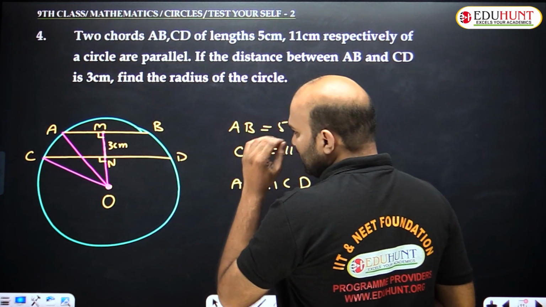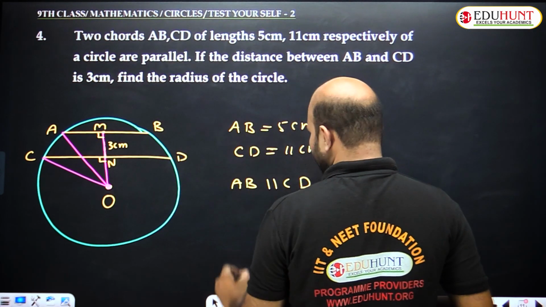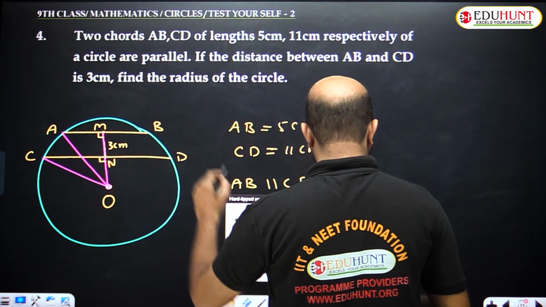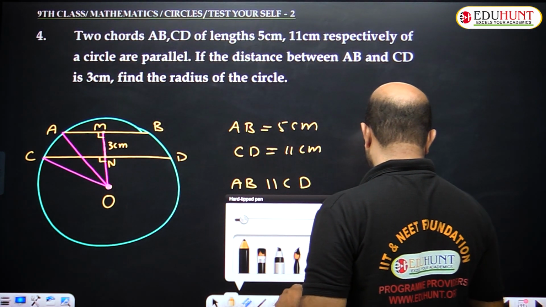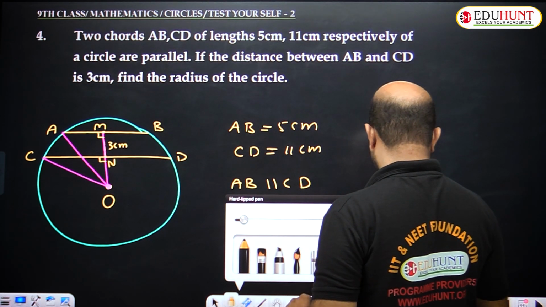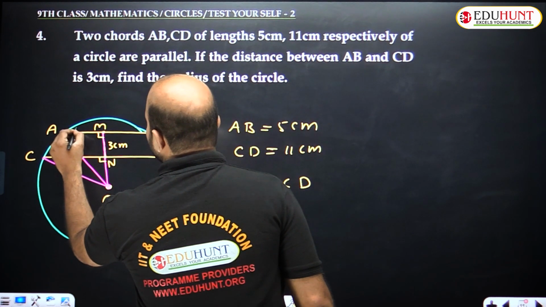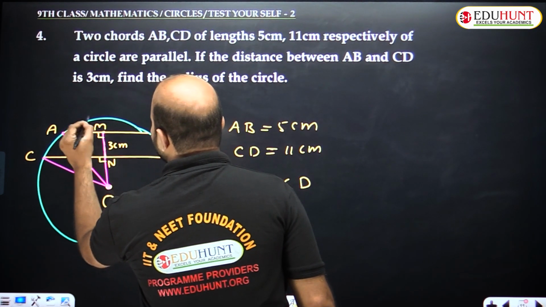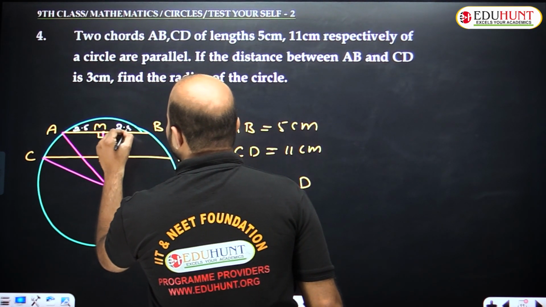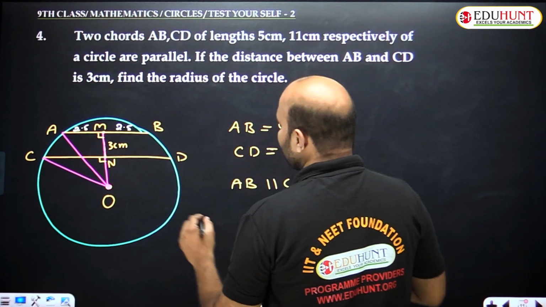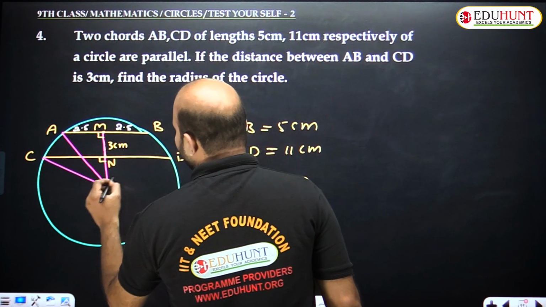So what is the AM value? The total AB is 5 centimeters given here. What is half of the value? 2.5, so this is 2.5, and this is also 2.5. And CD is 11 in total, so CN equals ND, since it bisects the chord.